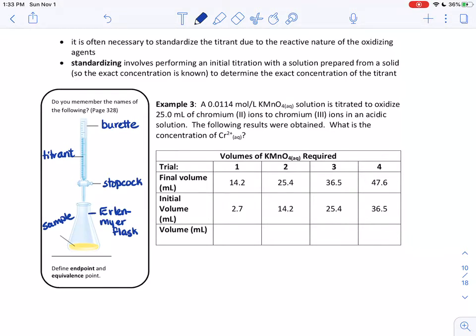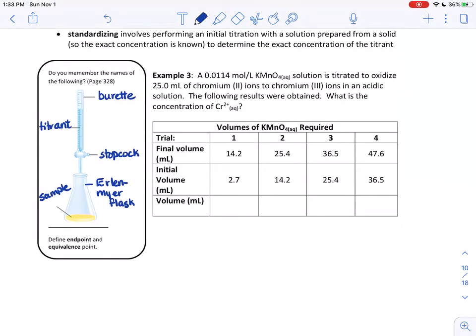All right, the other thing with this is that you've got these tables with the data. Remember that you have to deal with the numbers in these tables before you can do your stoichiometry question. So remember that you're going to subtract these values. And by the way, I need to talk about significant digits with these.